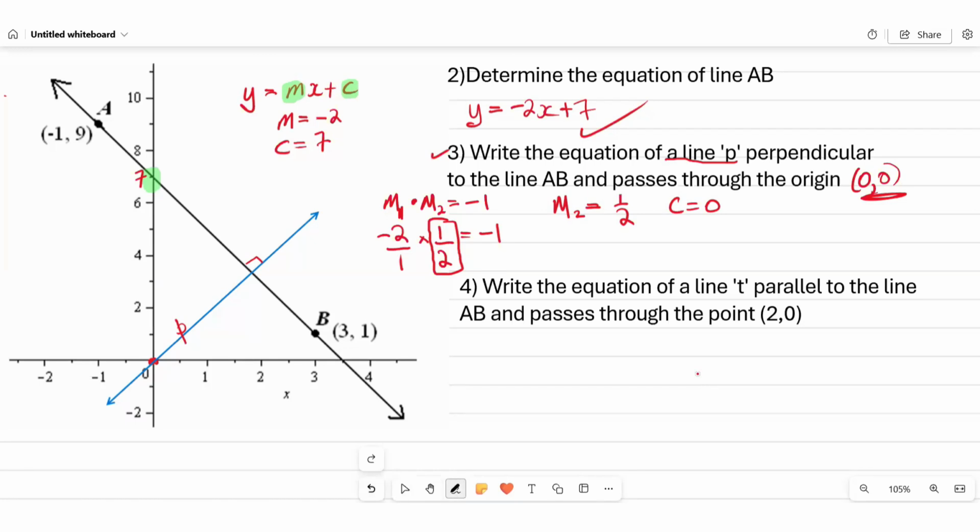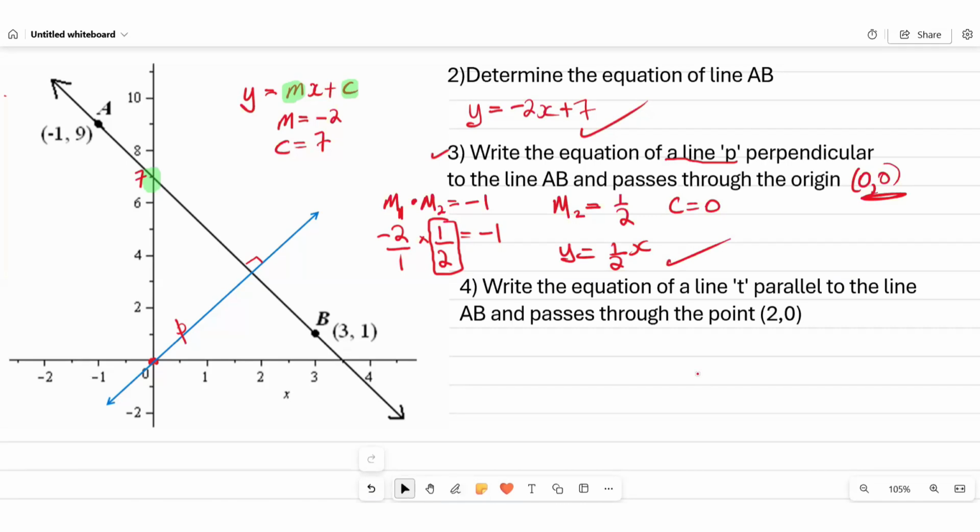We could just write y is equal to my gradient, which is 1/2, x, and +0, we don't really need to write. We could just leave it as y is equal to 1/2 x. And this is the equation of the line P, that is perpendicular to AB and passes through the origin.